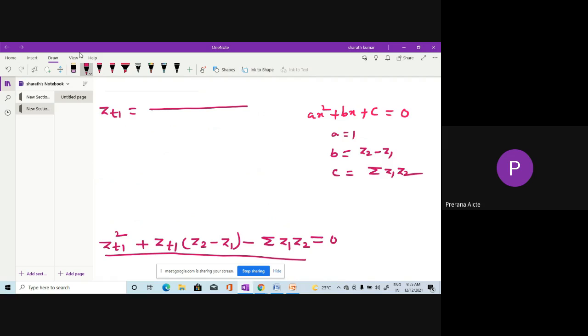So minus (Z2 minus Z1) plus or minus root of (Z2 minus Z1) whole square minus 4 times A, whose value is 1, and C is going to be the summation Z1Z2, divided by 2A, whose value is 1.